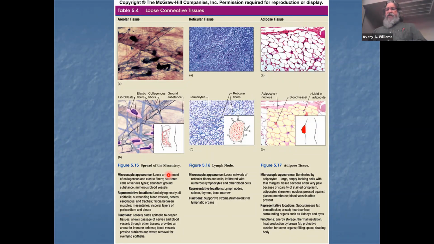Okay, so we can study this. The first tissues we're beginning with are connective tissue proper, and these first three are part of the loose connective tissues.